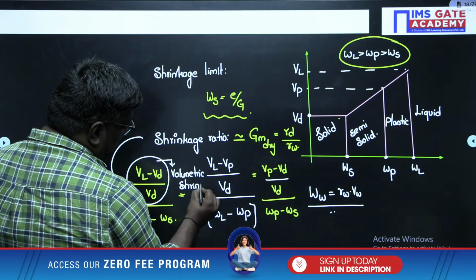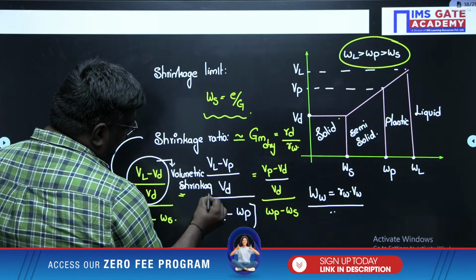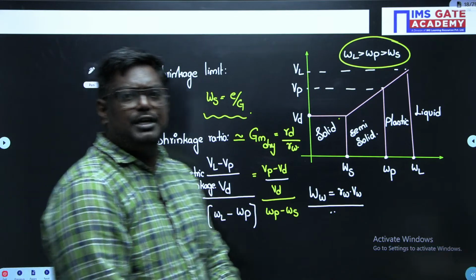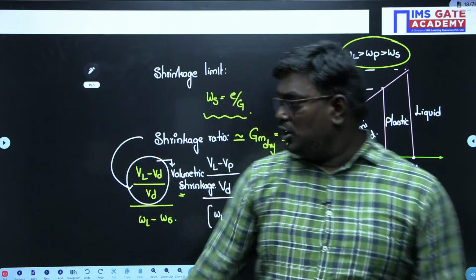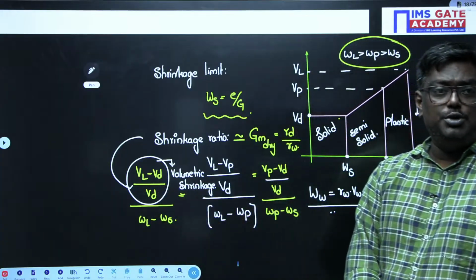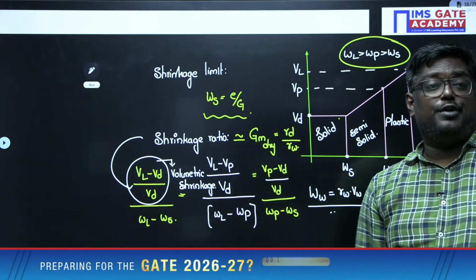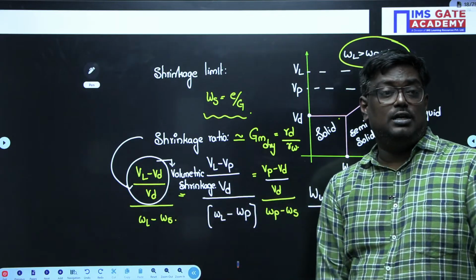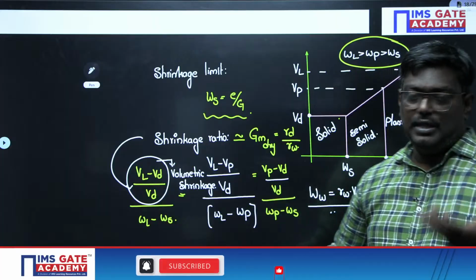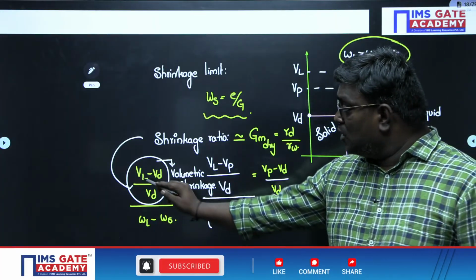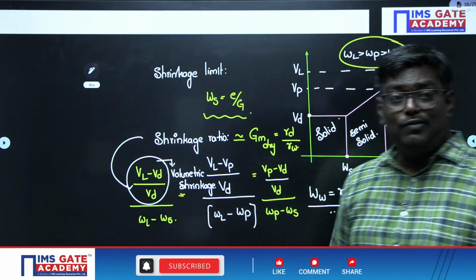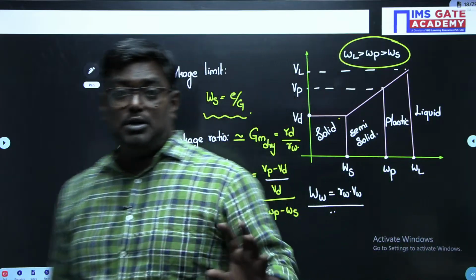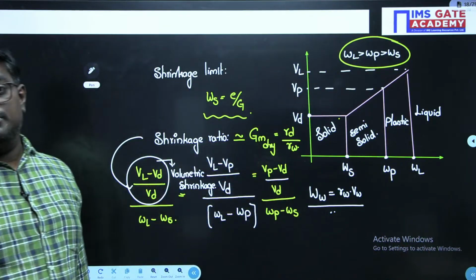What is volumetric shrinkage here? Volumetric shrinkage means volume change expressed in terms of dry volume. That is nothing but volumetric shrinkage.